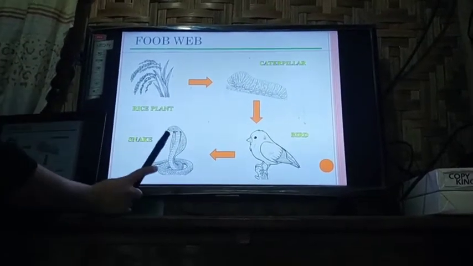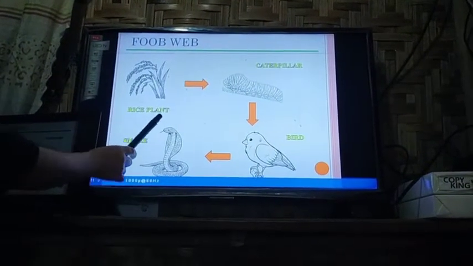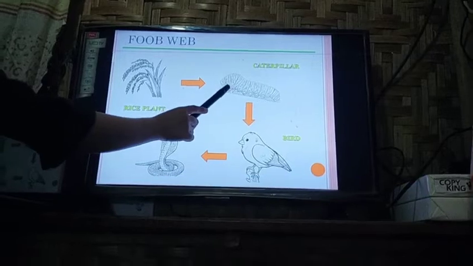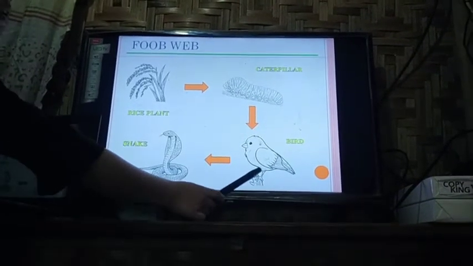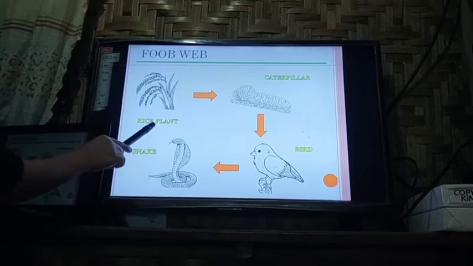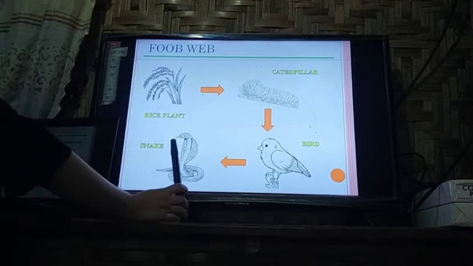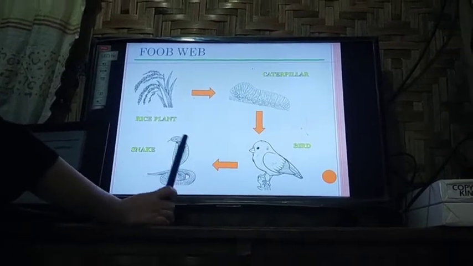As you can see, guys, rice plant can be eaten by caterpillar. But suddenly, the bird can directly eat the rice plant. So, in that case, that is what we are talking about: a food web.